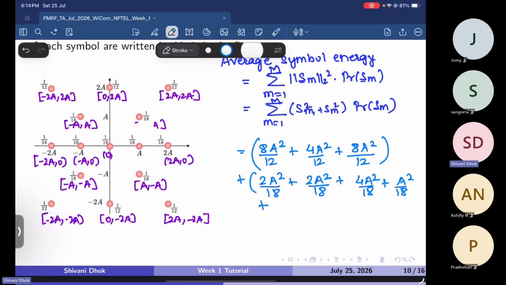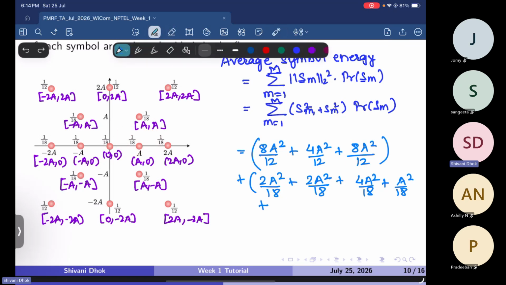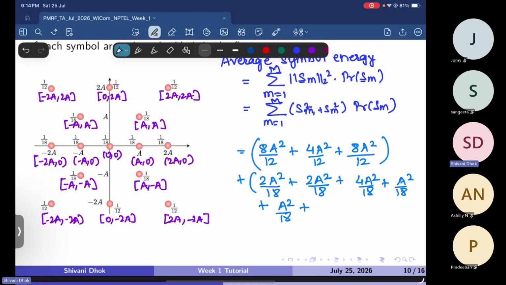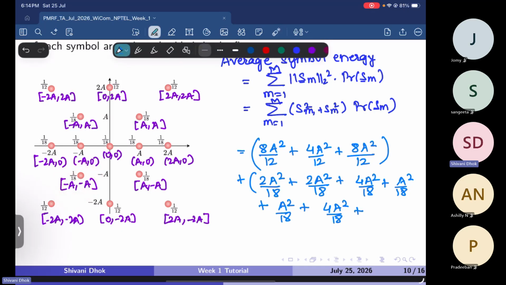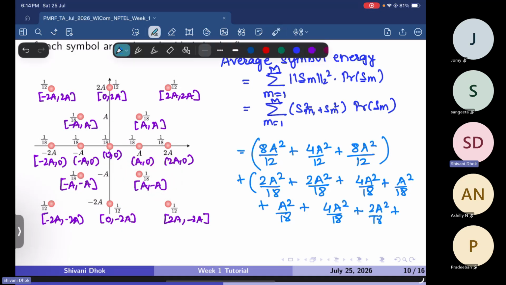Then you have this point, that is again a square by 18. Plus you have this point, that is 2a whole square, that is 4a square by 18. Plus you have this point, that is again 2a square, plus this point, that is 2a square by 18.